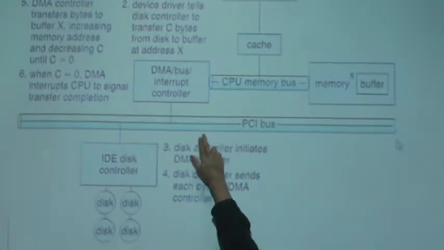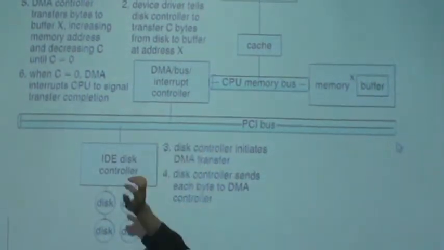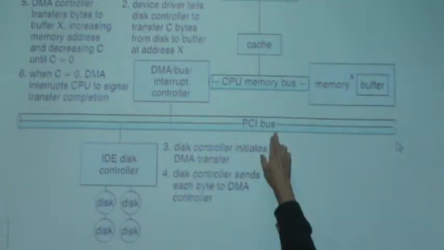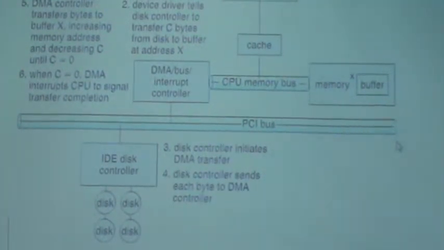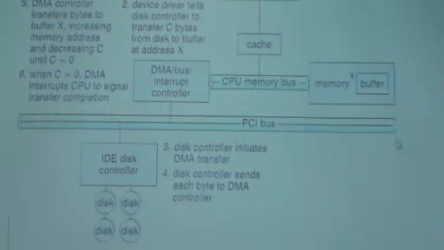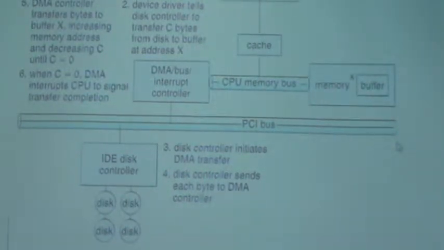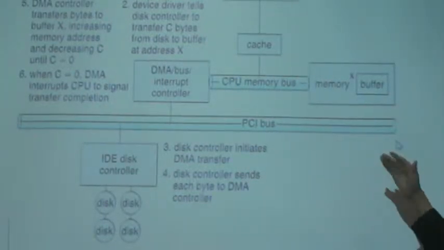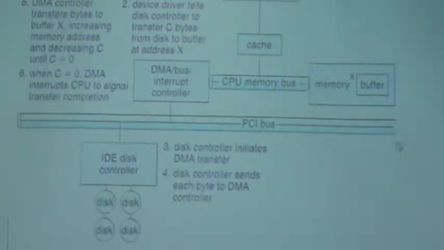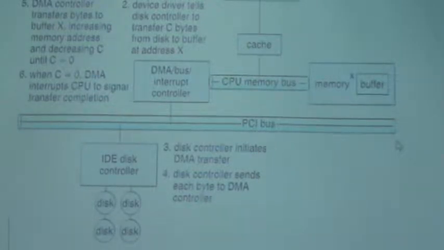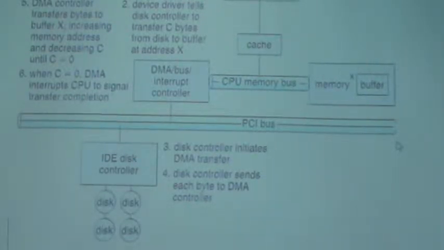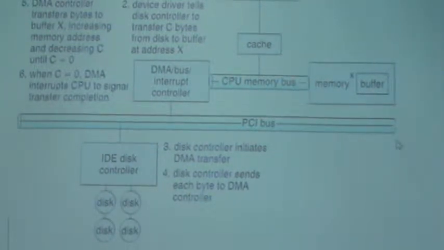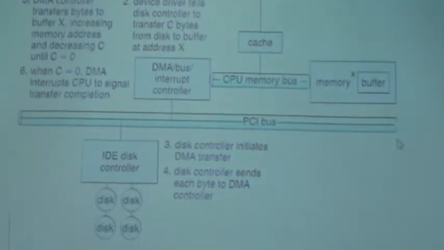Then it sends the data using the DMA. The DMA controller directly stores it at the memory. Once it is done, the transfer is complete, and the CPU can read the data. The data doesn't have to go through the CPU, so that can reduce a lot of overhead.